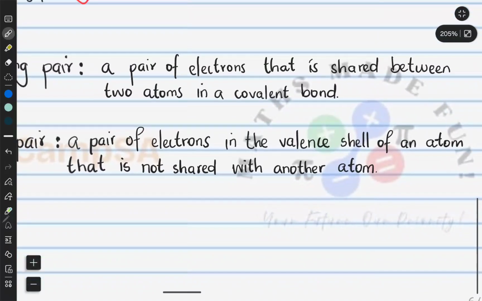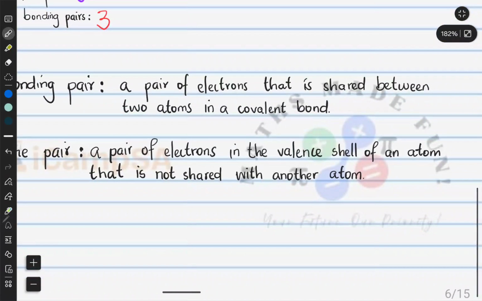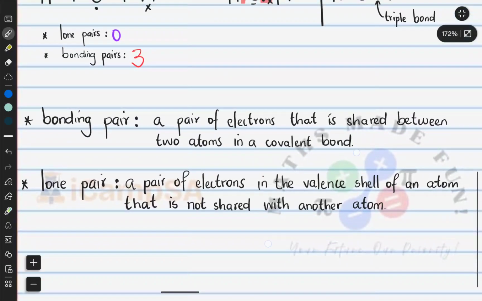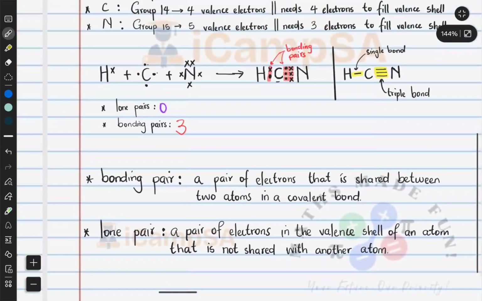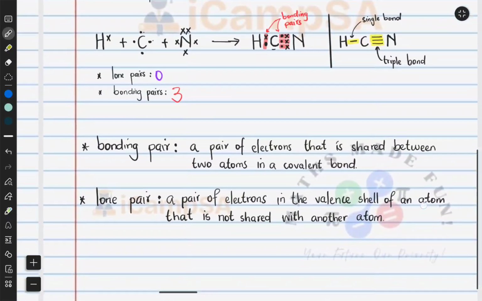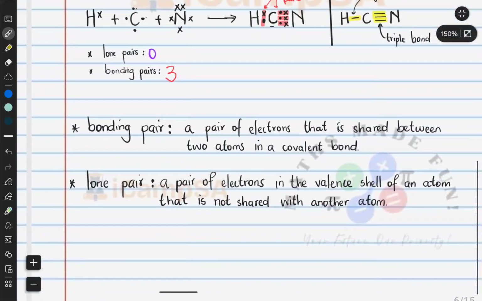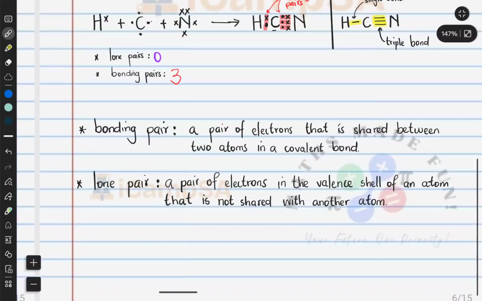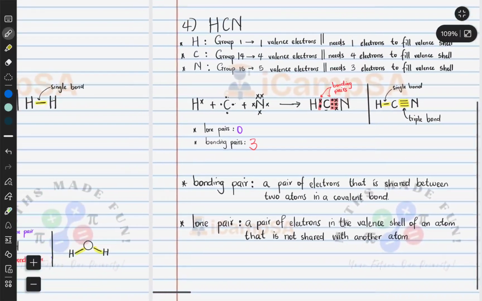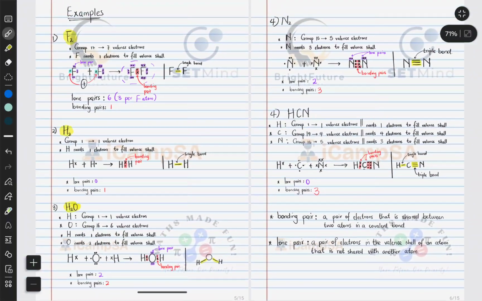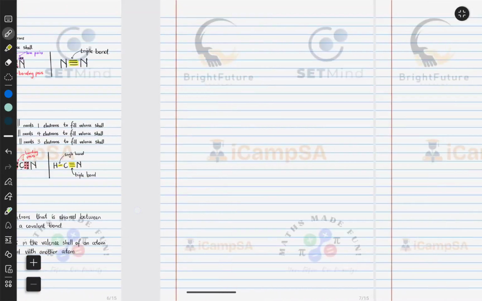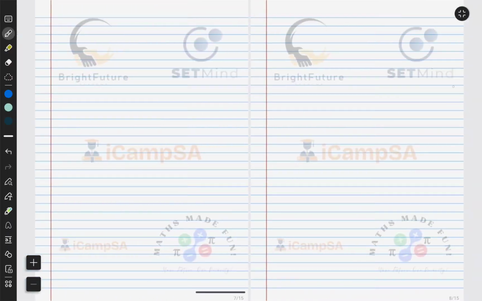Right, so a pair of electrons in the valence shell of an atom that is not shared with another atom. I think we've seen enough examples of bonding pair and lone pair that you have visual evidence of what those look like. So let's go on and check a past paper problem or activity.